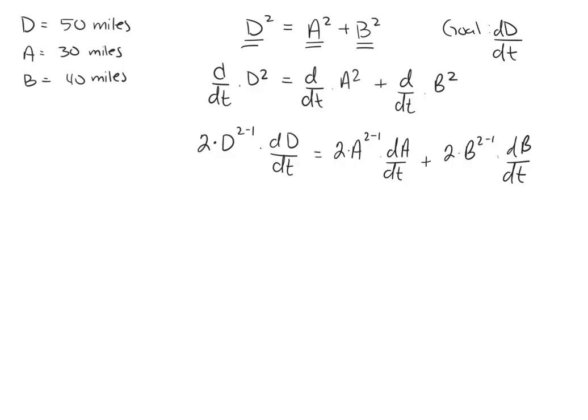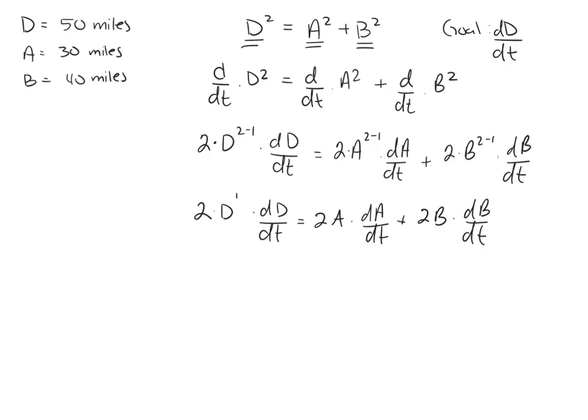Okay, and so then now I have 2 times D to the first power times dD/dt, and then again, I'm just rewriting these, and I hope you see that I don't need to raise A to the first power. You know that that's to the first power, okay? Plus 2B times dB/dt.